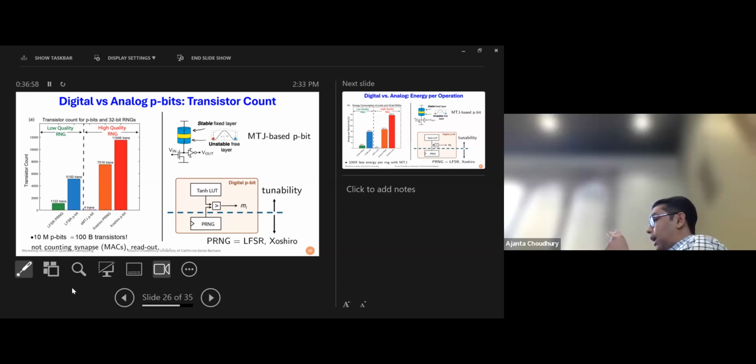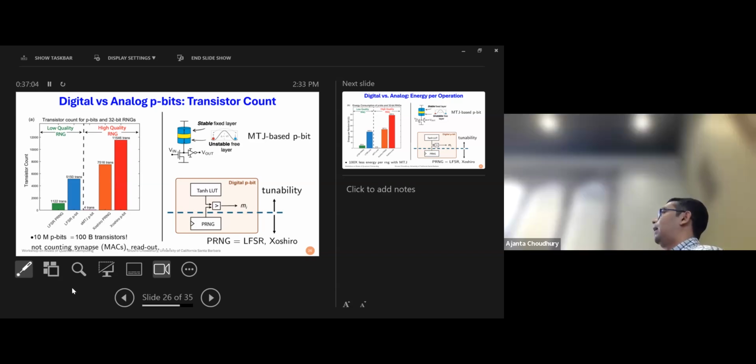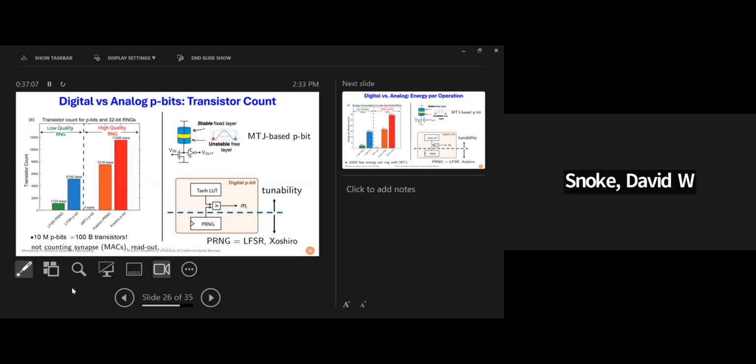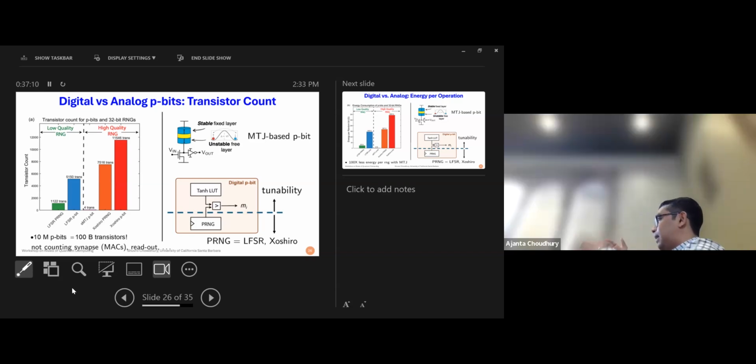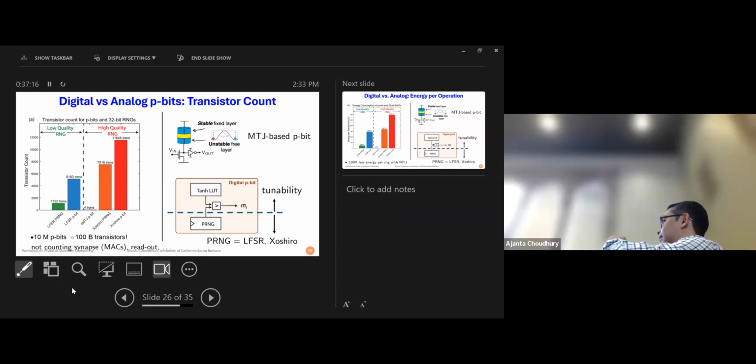But if you do asynchronous operation, what we can safely assume is that there is very little chance in an asynchronous system that two of the bits will update at the very same time.